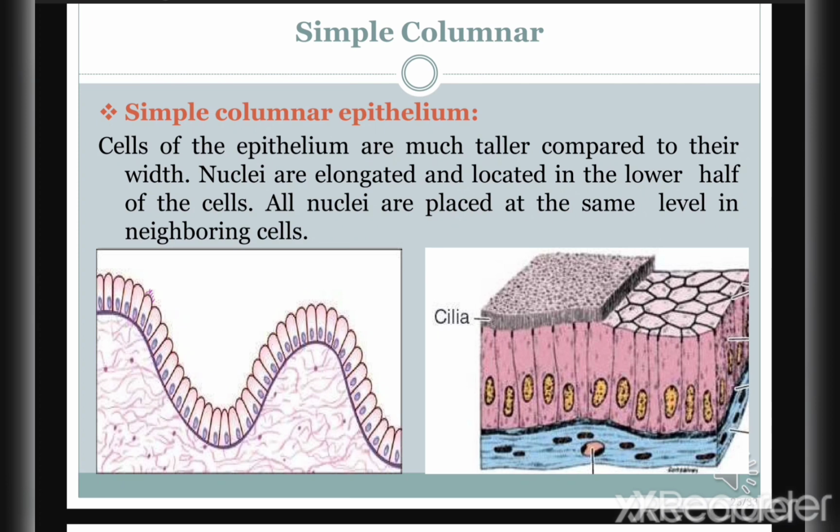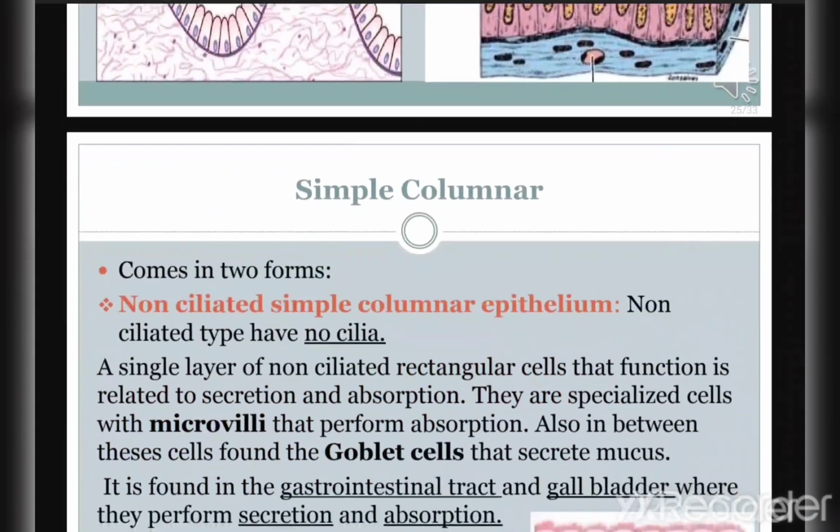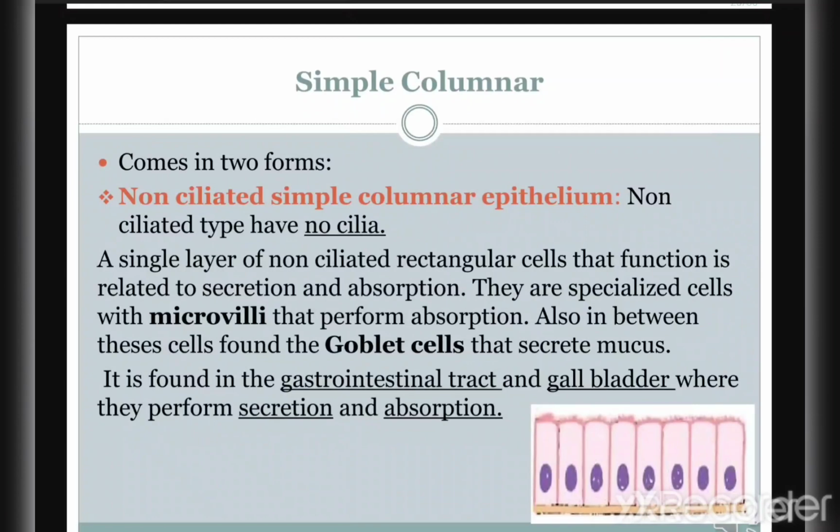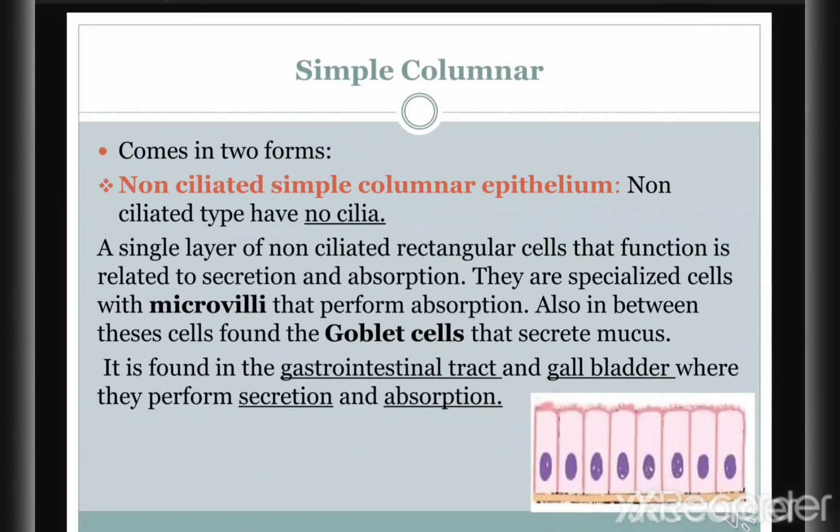For example, the location of the non-ciliated type, the specialized cells with microvilli, is the gastrointestinal tract. Some are found in the gallbladder. Their function is secretion and absorption. The ciliated simple columnar epithelium is found in the upper respiratory tract, the fallopian tube, the female genital tract, the uterus, and the central canal of the spinal cord.